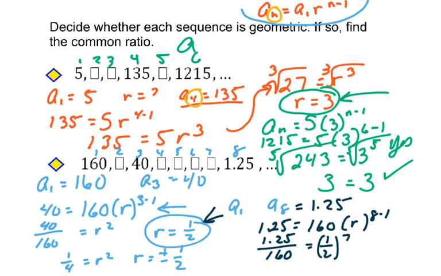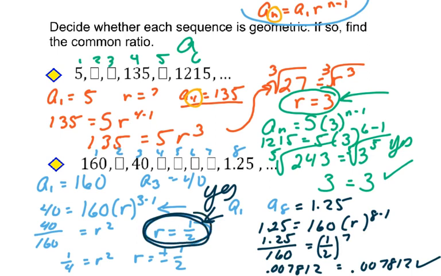So I'm going to get a decimal approximation for both sides. 1.25 divided by 160 gives me 0.007812, and 0.5 raised to the 7th power gives me the same thing, 0.007812. So we have shown that our equation works, so yes, the common ratio is 1/2. You may have been able to tell that without using the formula, but the formula will work every time.